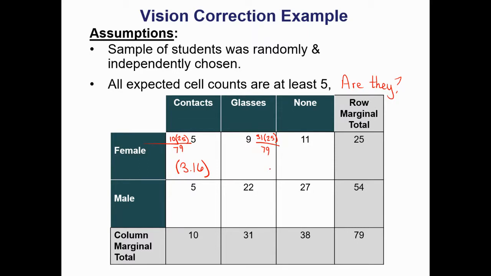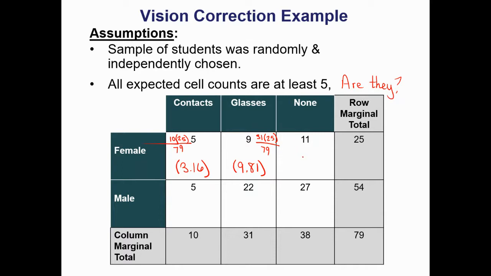And what did that get us? 9.81. So what did we find on Friday for females with none?